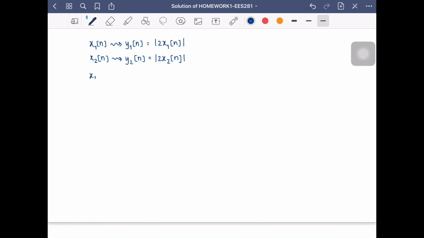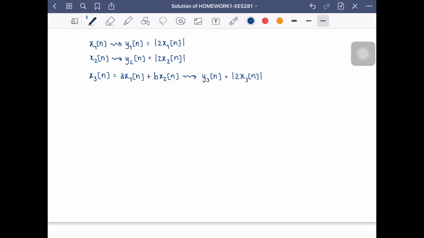Then for x3, we assume that it is equal to a x1[n] plus b x2, which leads to y3 equal to the absolute value of 2x3.